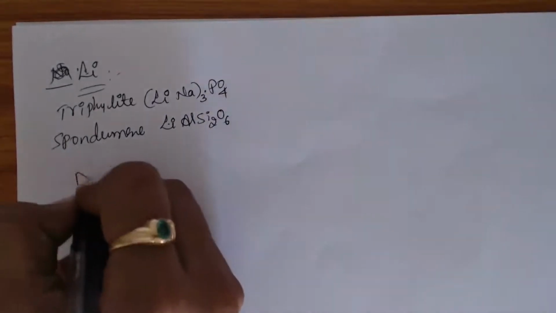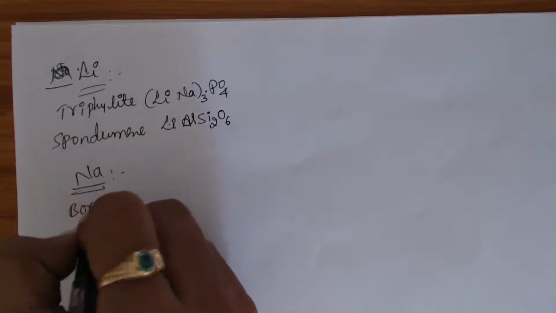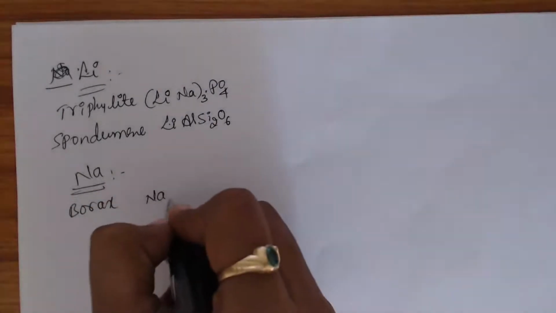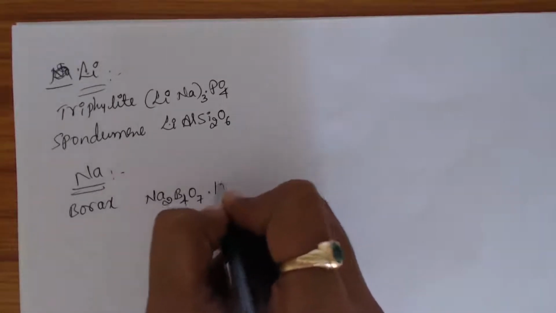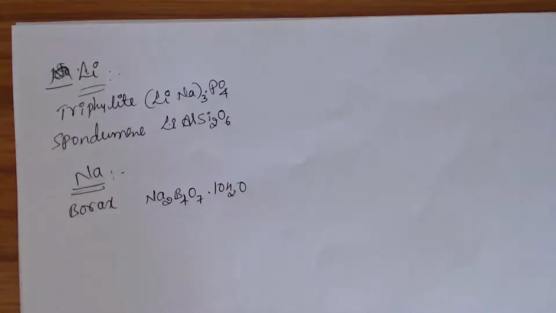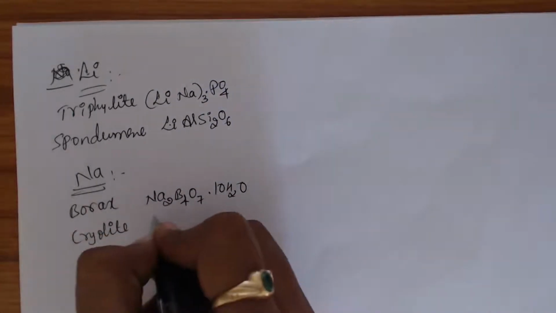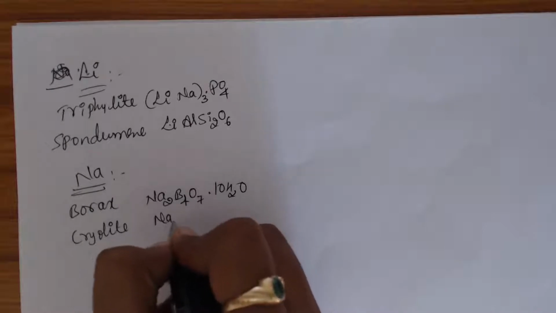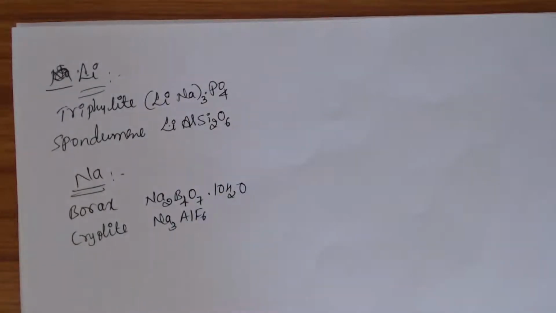Next, sodium. In sodium, borax is there. You know very well about borax, the S block element; you already studied it. This is the formula of borax. And cryolite is there. So this cryolite is used for what? Extraction of aluminium by the electrolysis process.